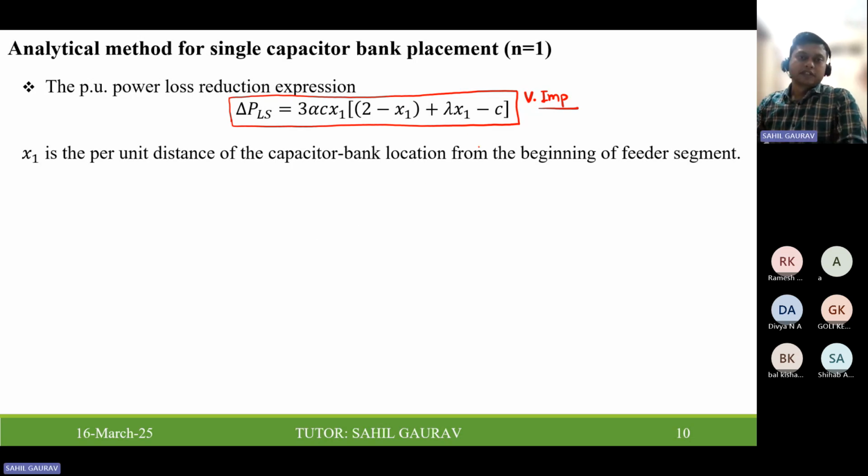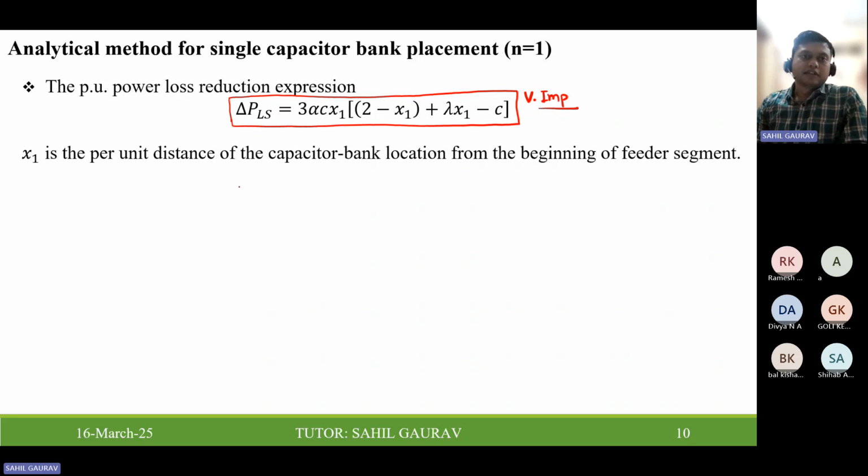So you are familiar with this alpha term. Alpha is the reciprocal of 1 plus lambda square, C is the degree of reactive compensation, and x1 is the per unit distance of the capacitor bank location from the beginning of the feeder segment.